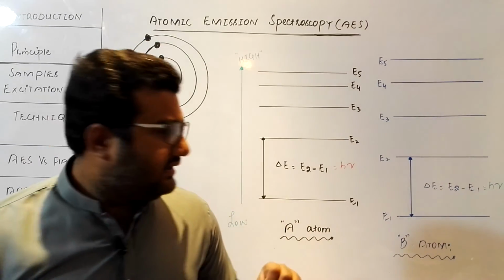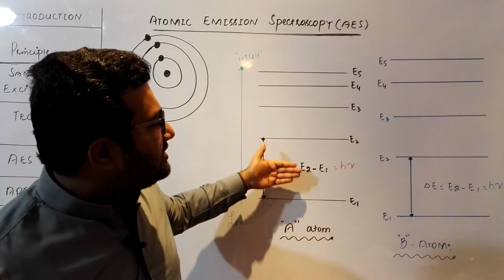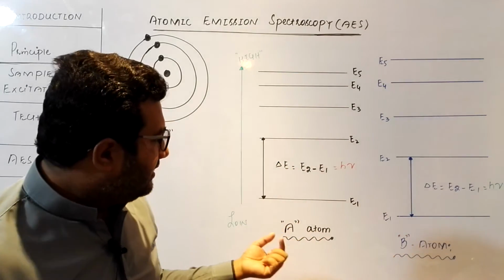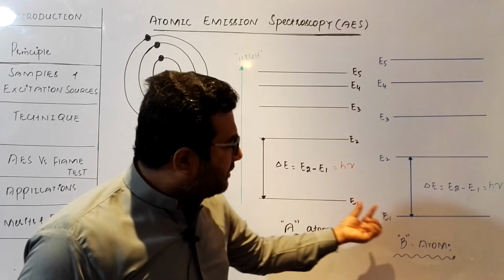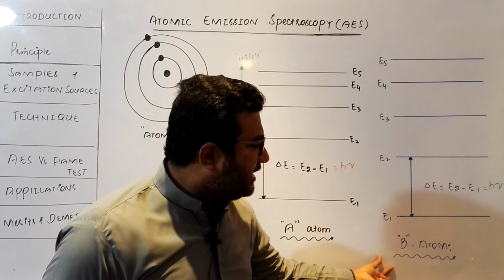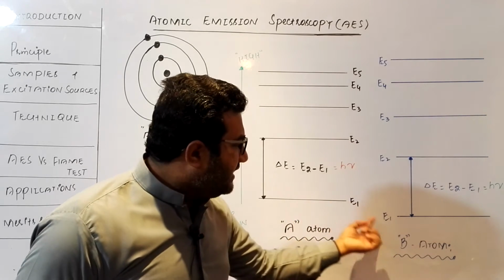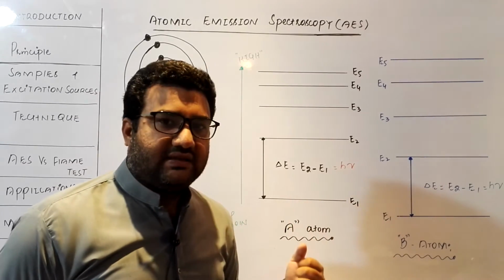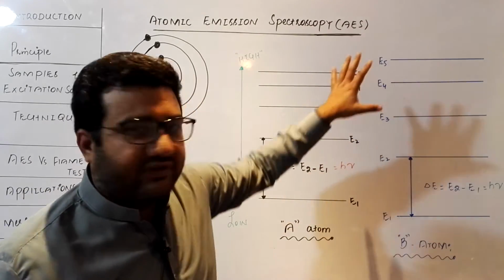You can see that I have shown 5 energy levels of each of these two atoms. But if you compare the first energy level of A atom with the first energy level of B atom, it is quite evident that they have different energies. Similarly for the second, third, fourth and fifth.